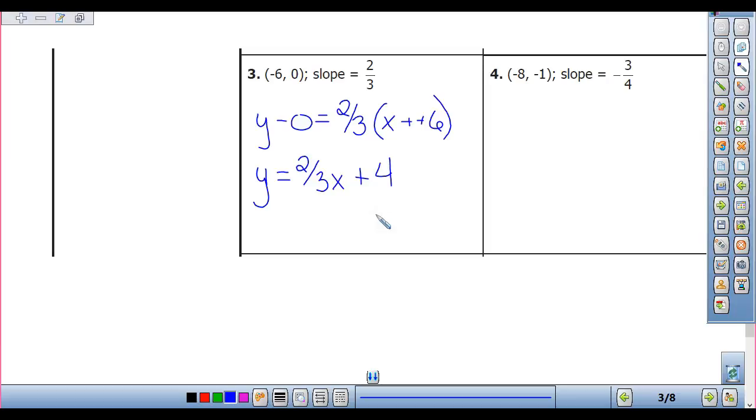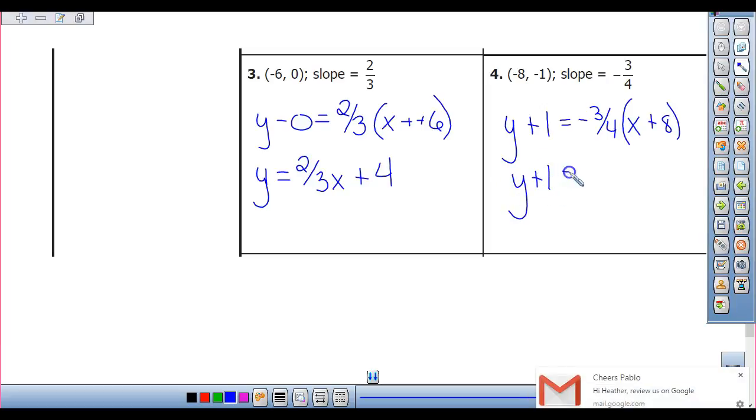Okay, so now we've got y plus 1, good, because minus a negative 1, equals negative 3/4 x plus 8.